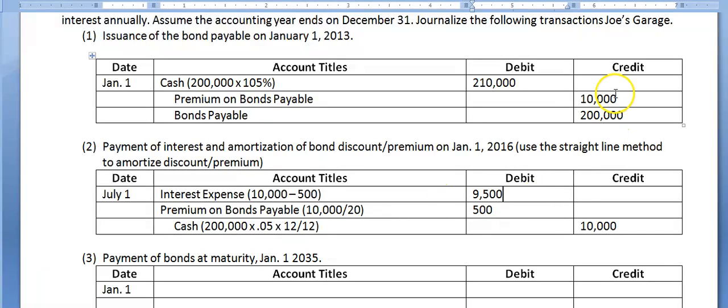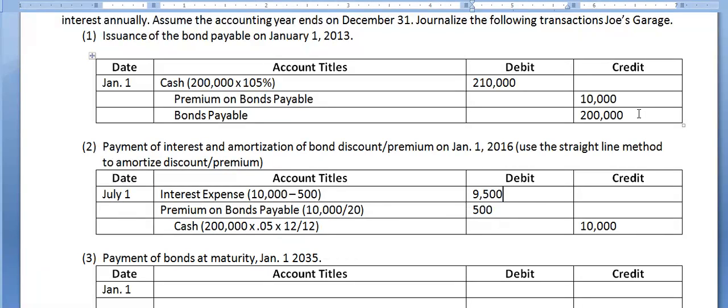We amortized the bond premium because, just like with the discount, this results because of a difference in bond prices. Getting $10,000 extra up front and only having to pay back $200,000 actually is a reduction of your interest expense. But we can't reduce the interest expense account all on day one.